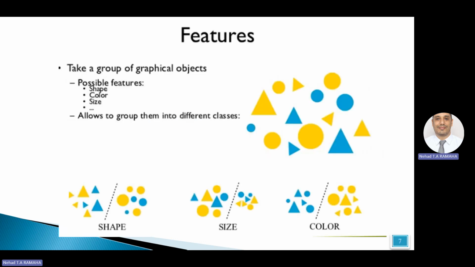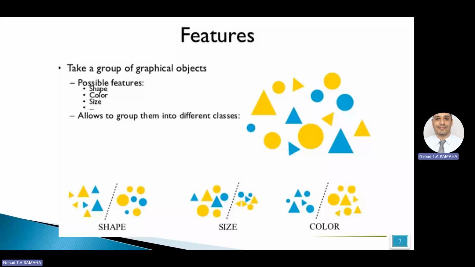Okay, features could be any data about the item, like if we speak about shapes or physical items around us: the shape, the color, the size, and so on.